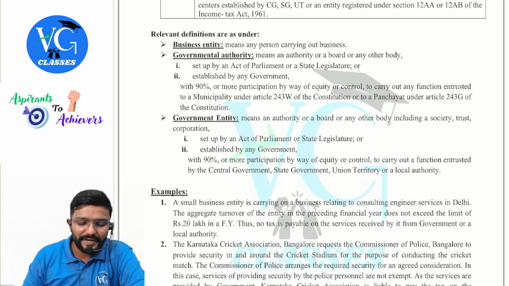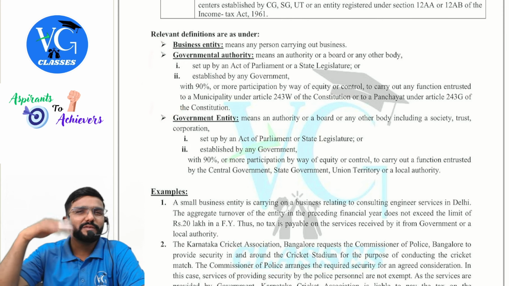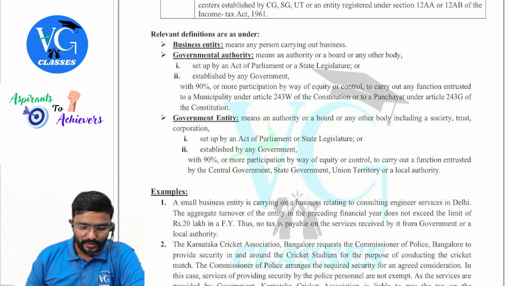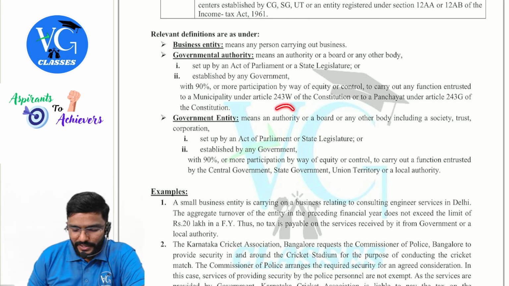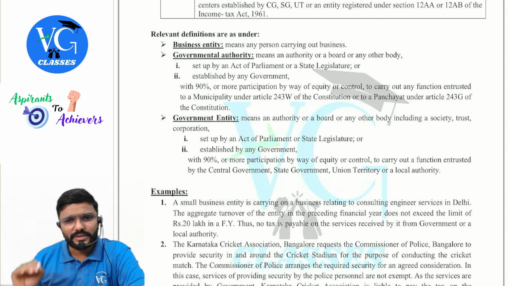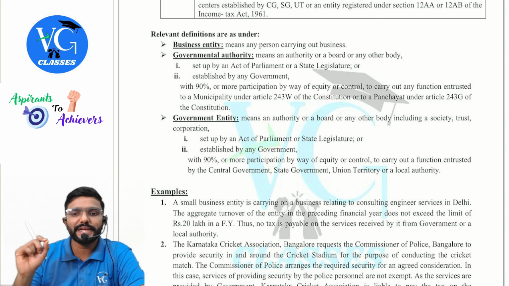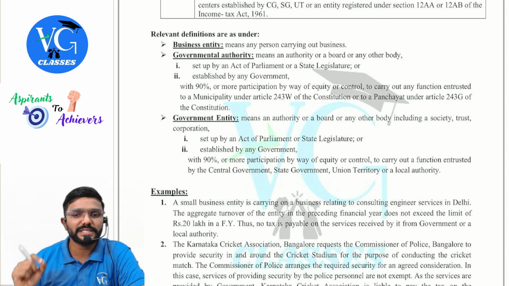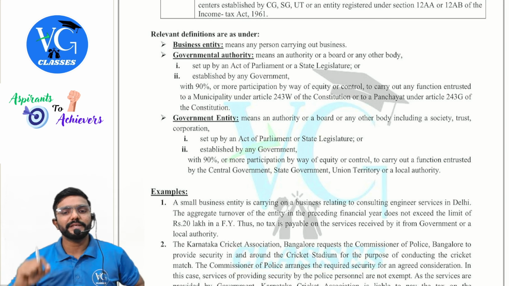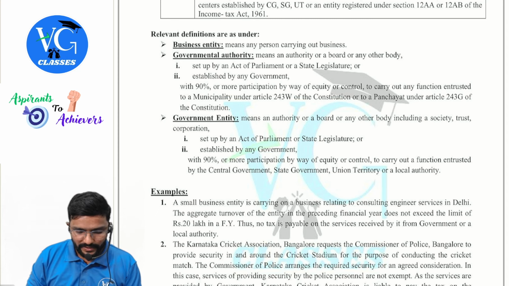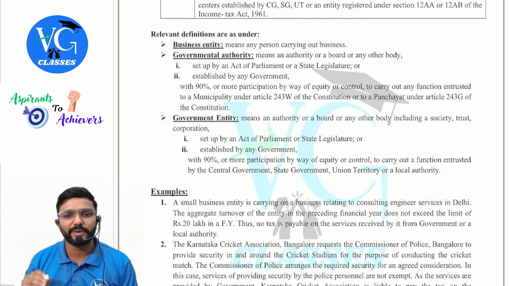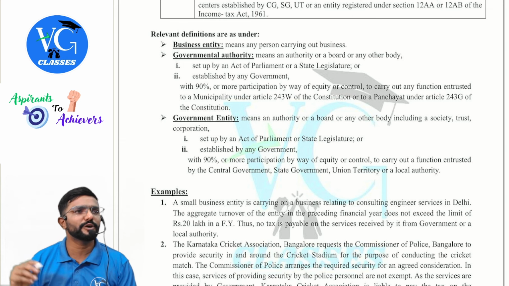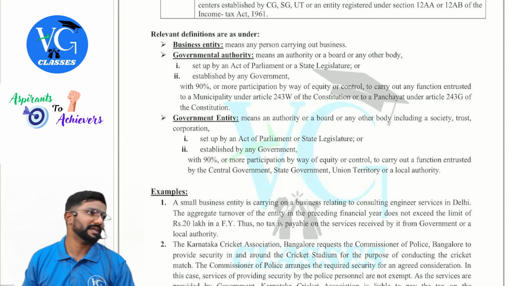Then I will also see government entity. Why? Because we use all these terms while we are seeing exemption, guys. So it is good if you guys have an idea about what it is. Government entity means an authority or a board or any other body, including a society, trust, corporation, set up by an act of parliament or state legislature or established by any government with 90% or more participation by way of equity or control to carry out a function entrusted by the central government, state government, union territory, or local authorities.